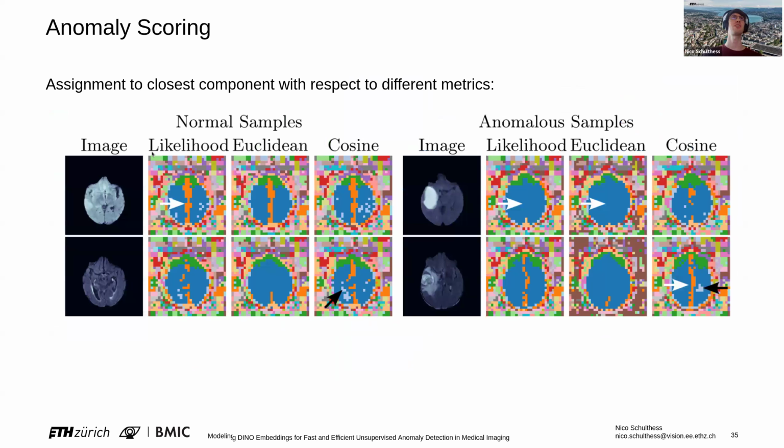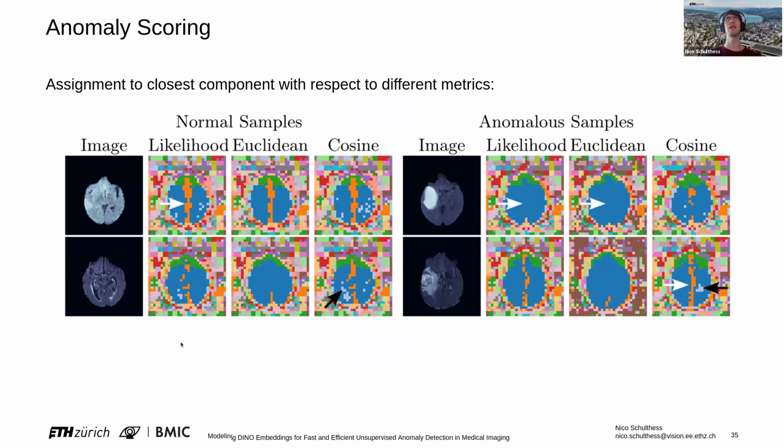One metric is the likelihood of each component. One is the Euclidean distance to the closest mean, and the last one was the cosine distance to the closest mean. And in these figures, you see all the patches colored in the same color. They are those patches that are closest to the same component.